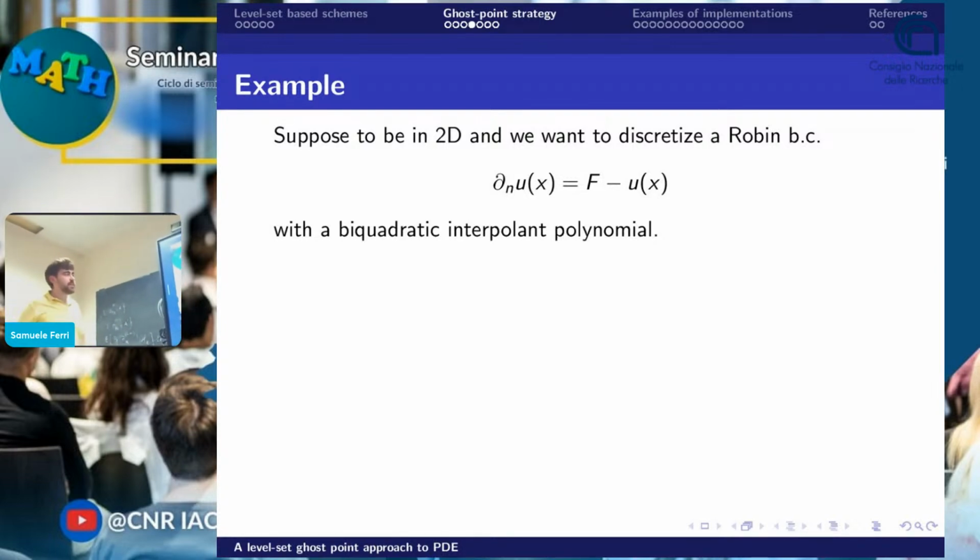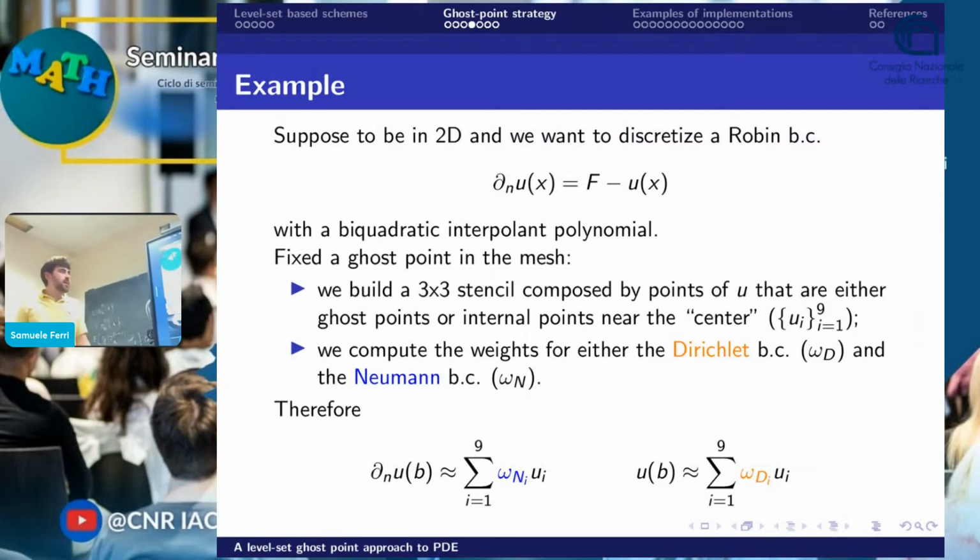Suppose we want to discretize this boundary condition with a quadratic interpolant polynomial. So we fix, again, a stencil, a 3 × 3 stencil composed by points of u that are ghost points or internal points, as before. And then we discretize the boundary condition using these formulas, which is the standard interpolation way to write an interpolant polynomial.